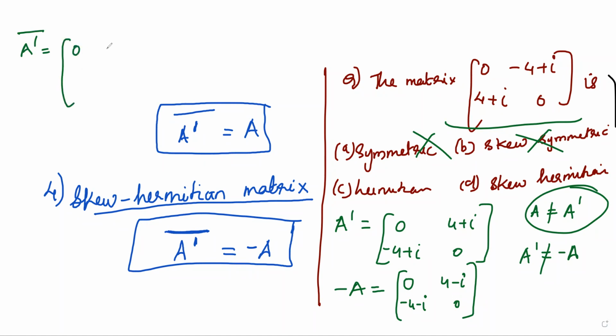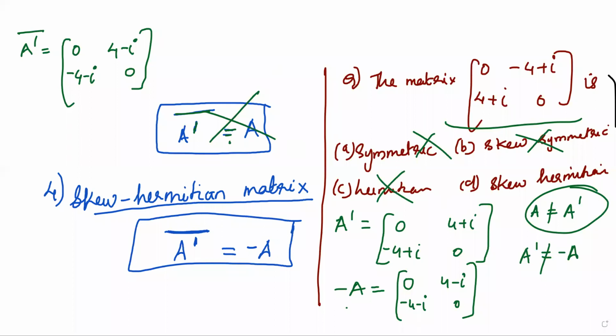You will get 0, 4 minus i, minus 4 minus i, 0. Now, is A transpose conjugate the same as A here? Is this satisfied here? No, that is not satisfied. So this is not a Hermitian matrix also.